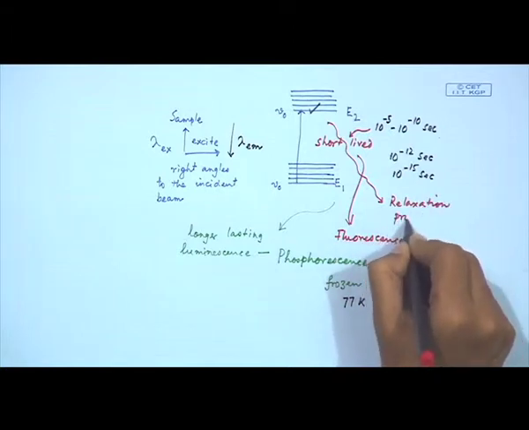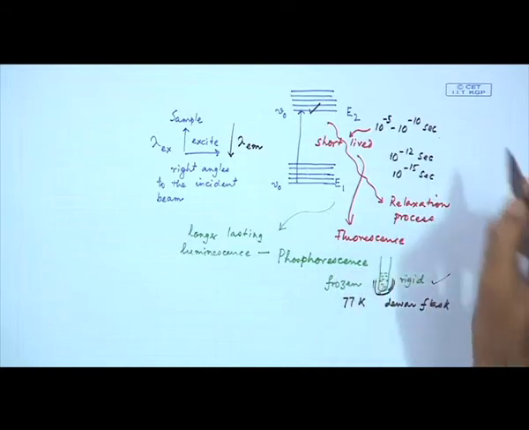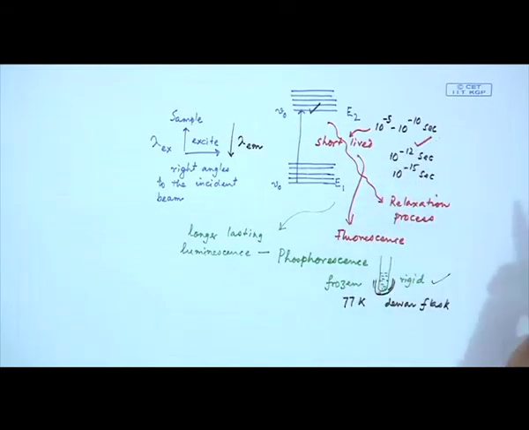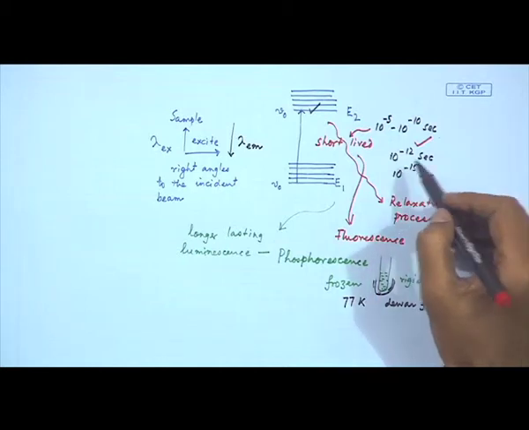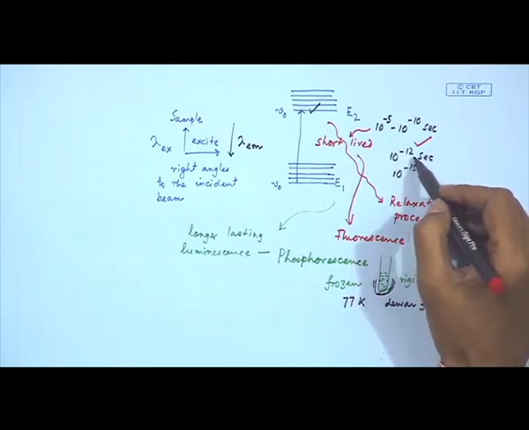So, this relaxation process that we get will be in this particular range. So, the absorption is taking place in this range, then the corresponding relaxation can take place from this 10 to the minus 12 or 10 to the minus 13 or 10 to the minus 11 second.